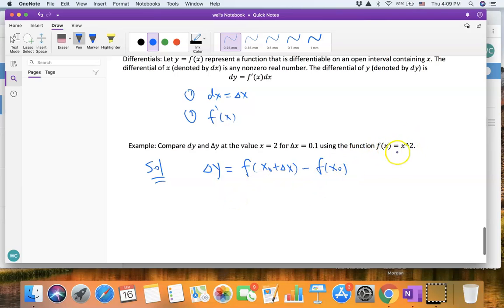We're given that the function is x squared and x0 is 2. So x0 plus delta x is going to be 2.1. Here we are looking for the difference between f of 2.1 and f of 2, which equals 2.1 squared minus 2 squared.